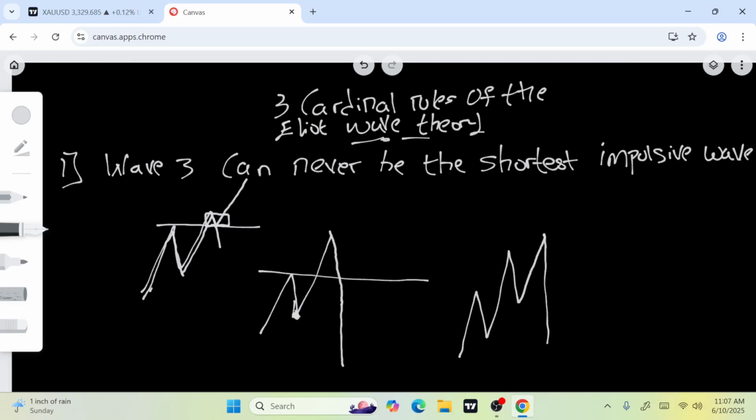Do you get it now? So this one that happens here cannot be captured as a correct pullback, because if you should draw your Fibonacci from here to here, it did not come down in between 50 to 61.8. Even 38.2.